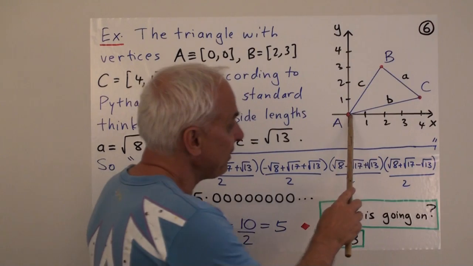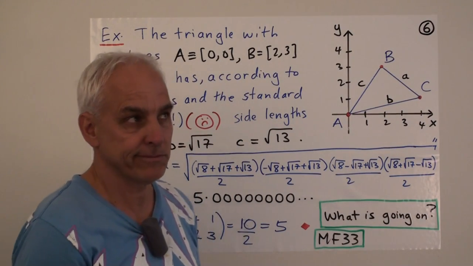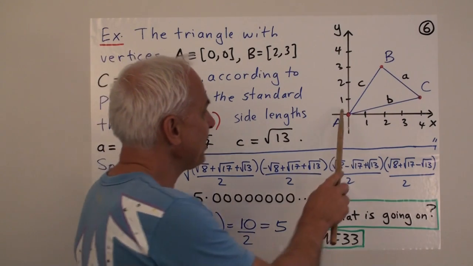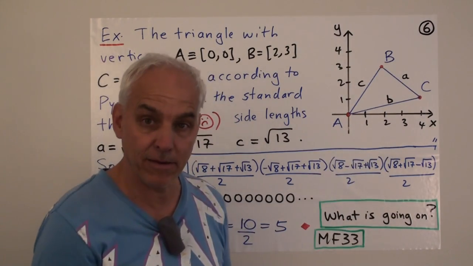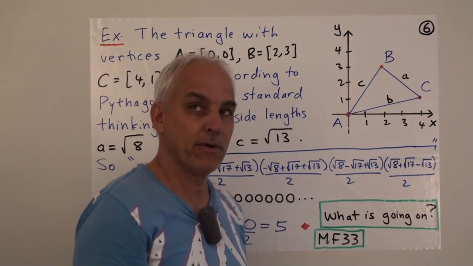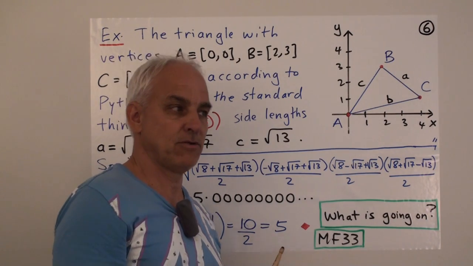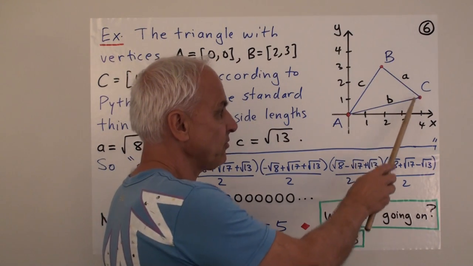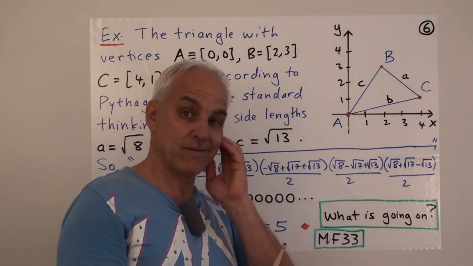And then we could subtract the area of this thing, which would be 4 times 1 divided by 2. That's 2. We take the area here, which is 3 times 2 divided by 2. That's 3. And the area of this one here, well, that's 2 times 2 divided by 2. So that's another 2. So we start with 12, and we subtract 2, and we subtract 2, and we subtract 3. So all together we're subtracting 7.